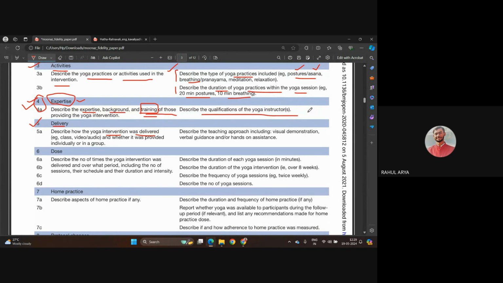Maybe you noticed a few papers provide recordings, and they instruct participants to follow the same recording for 3 months. Now let me know, if we use all these mediums, will the impact be the same or different, and how?